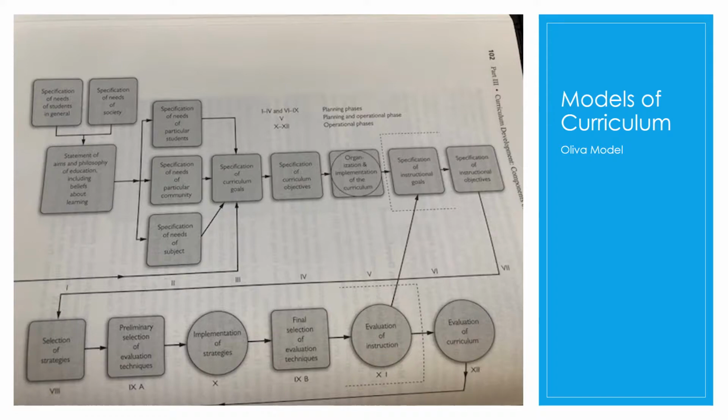Instruction is addressed in components 6 and 7. Specific instructional strategies are in component 8. Component 9 addresses evaluation or assessment, and 10 is the implementation of the instructional strategies. So quite explicit is Oliva's model. It follows very targeted points.